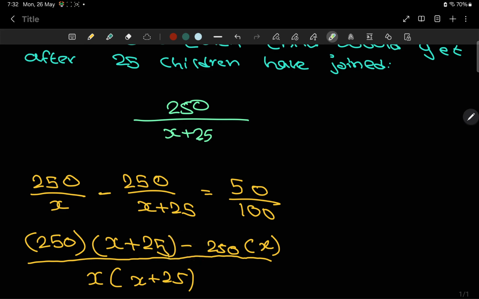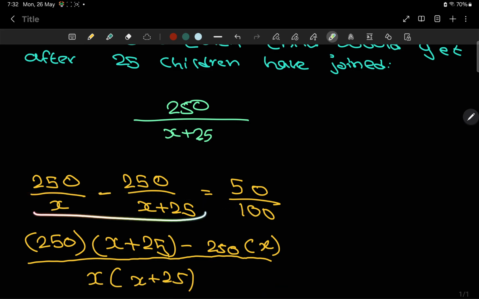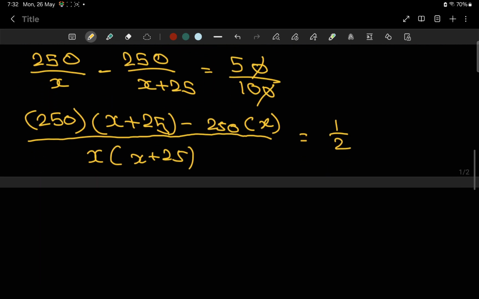Again this diagonal: 250 into x, and we have to multiply the denominators x and x plus 25. It is equal to 0 and 0 can be cancelled, and 5 by 10 can be written as half, or you can directly write it as 50 paise is half a rupee. Now let's solve this.